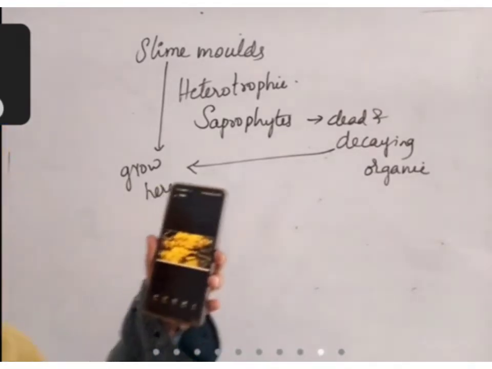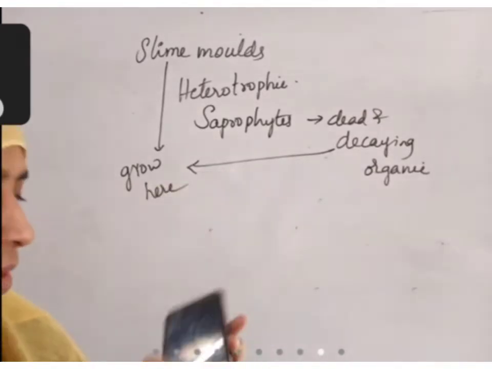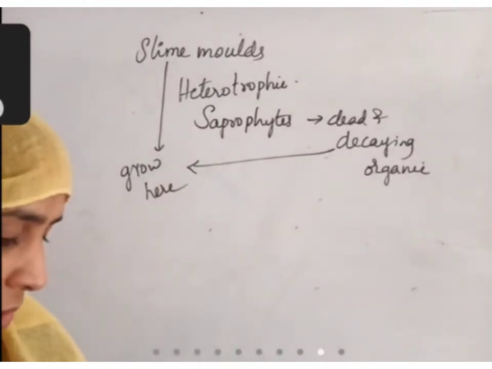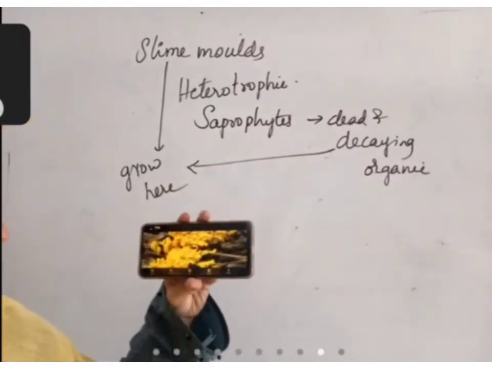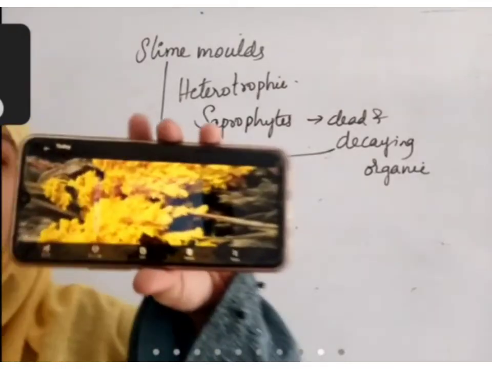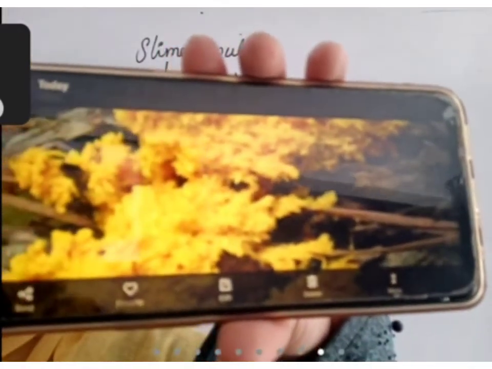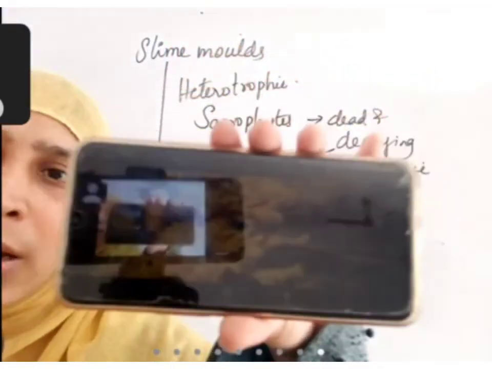So this is a growing slime mold. Can you see this? I'll extend this picture. Right. This is a growing slime mold. I'll bring it close.